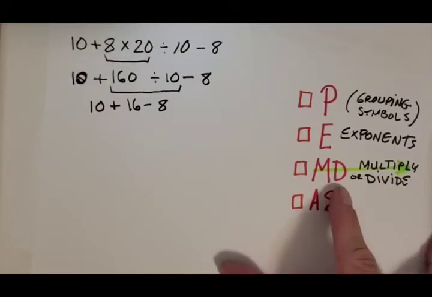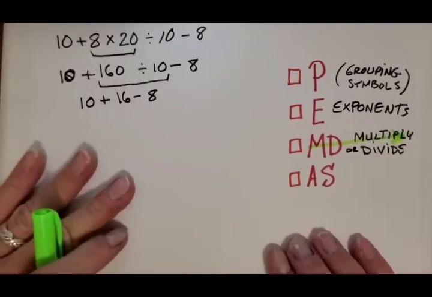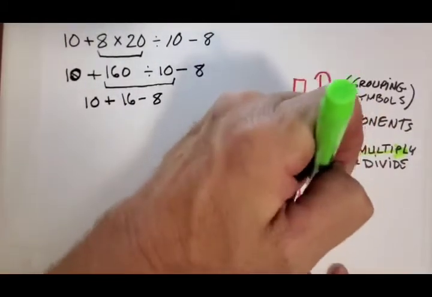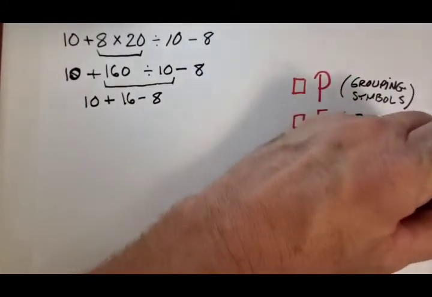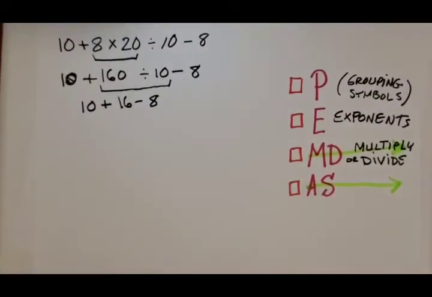Very good. All right. Now, the last operations, the lowest ones on the totem pole, the least urgent, A and S, represent adding and subtracting. Okay?